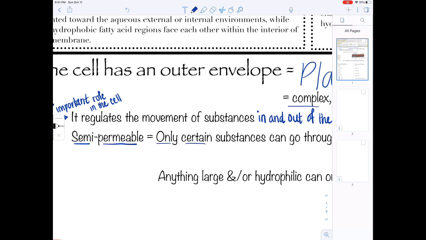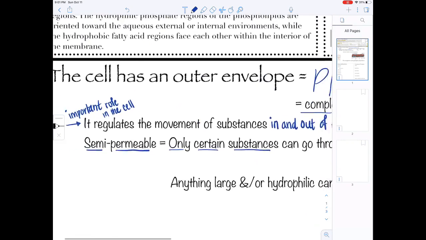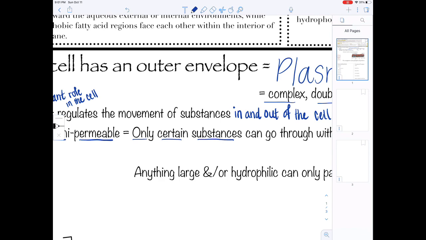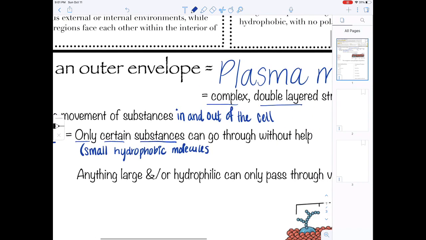It really means that there's only certain substances that are allowed to go through without help. Now, when we look at the plasma membrane, this is going to be small hydrophobic molecules such as oxygen, so O2 and CO2.